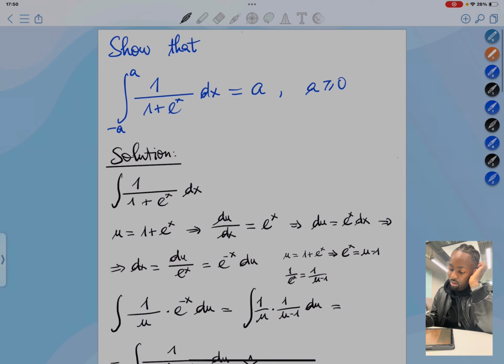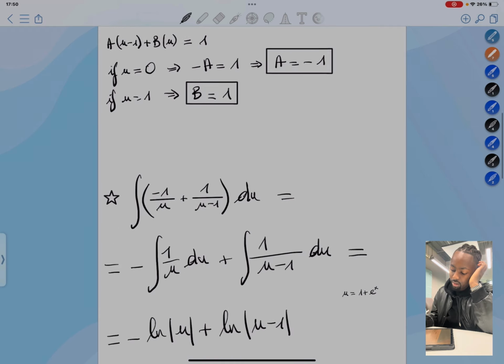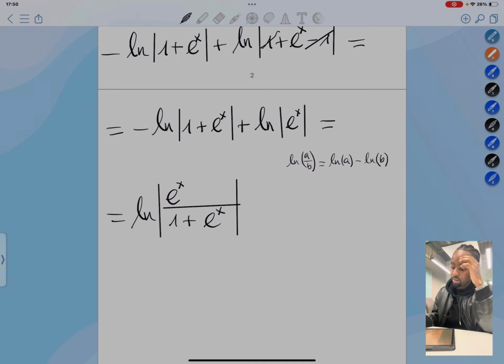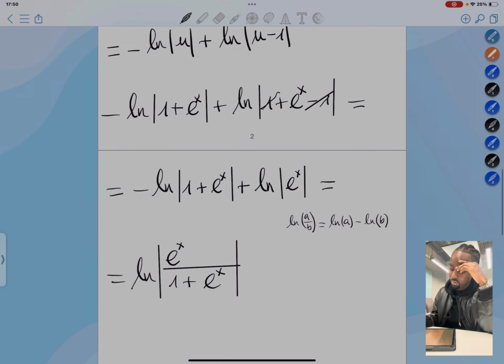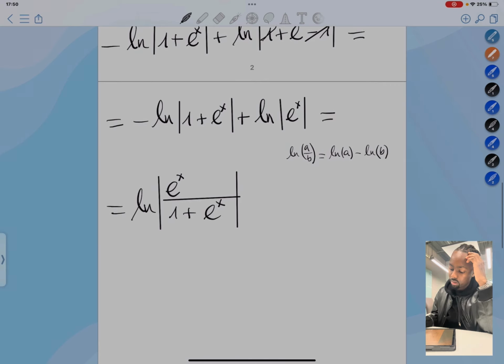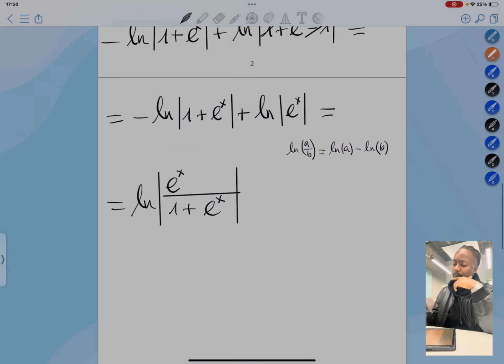But our goal was to show that this integral was equal to a, so we need to do something else.